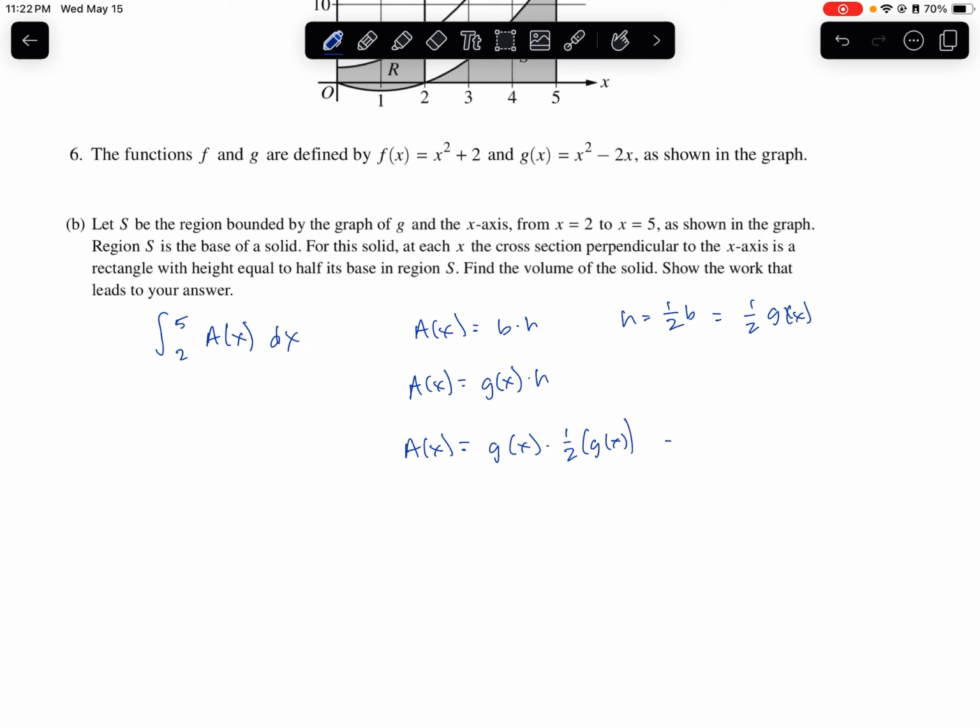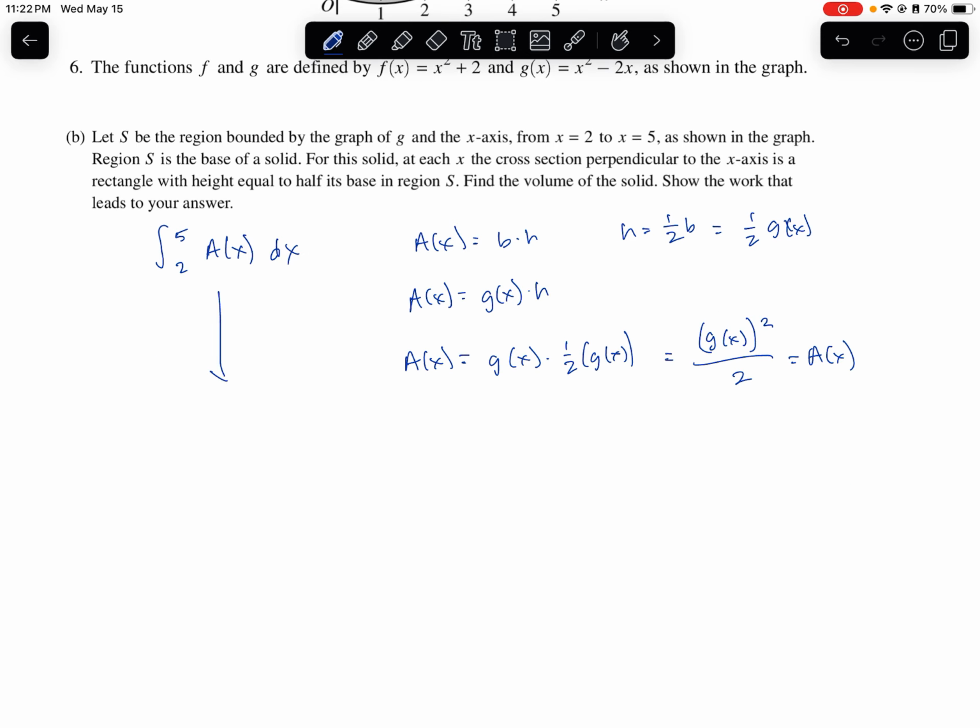And that's going to be equal to g of x squared divided by 2. So this right here is A of x. So let's go ahead and just put this in here. So we're going to say that the volume is equal to the integral from 2 to 5 of g of x squared over 2 dx. Okay. Find the volume of the solid. Show the work that leads to your answer.